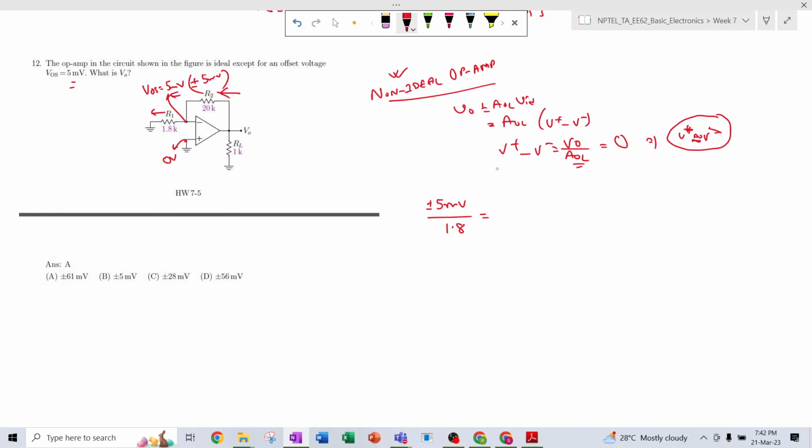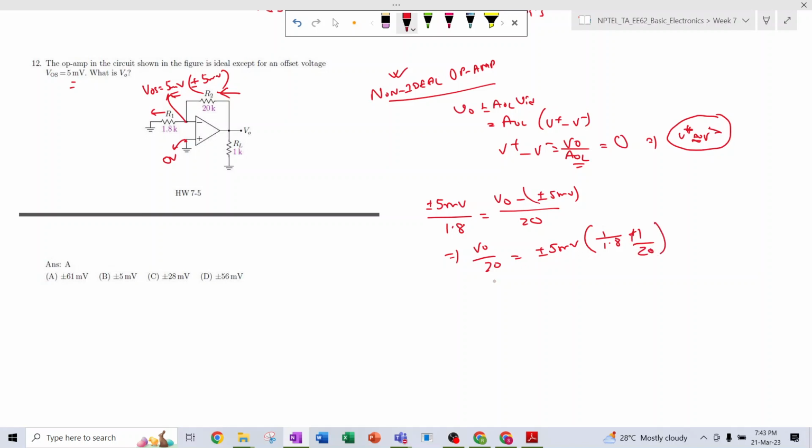So this side equals VO minus plus minus 5 millivolt, divided by 20. So we can write VO divided by 20 is equal to plus minus 5 millivolt times (1 divided by 1.8 plus 1 divided by 20).